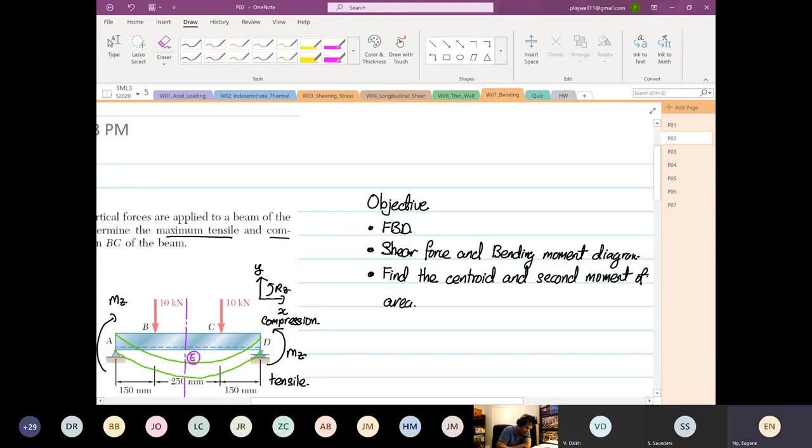And then finally, we're going to locate stresses at a specific location. Okay, we're going to deal with all this.